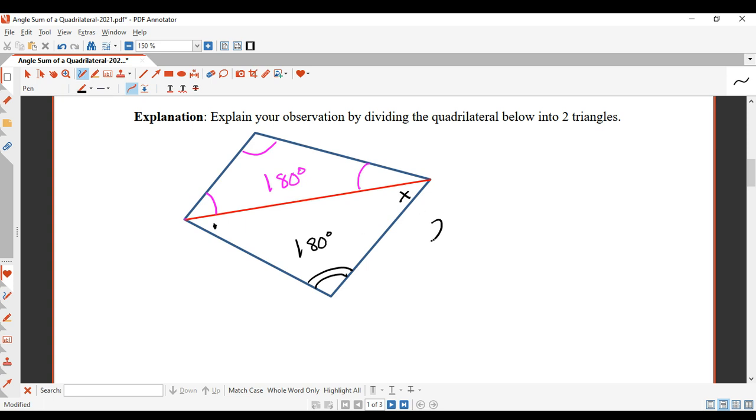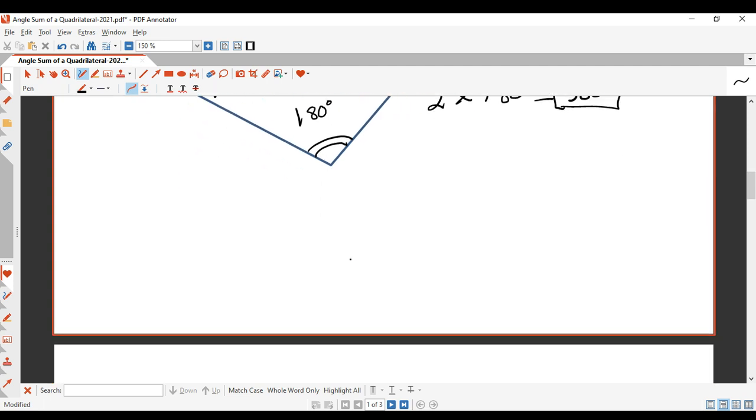So we have two lots of 180 degrees, which equals 360 degrees. Any quadrilateral can be divided into two triangles, and two triangles are two lots of 180 degrees for their angles. So that gives us a total of 360. So that's why any quadrilateral has the four angles adding up to 360 degrees.